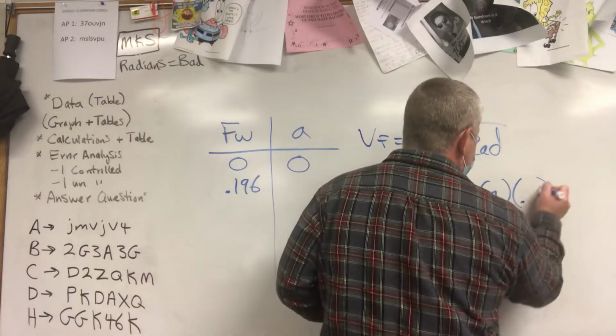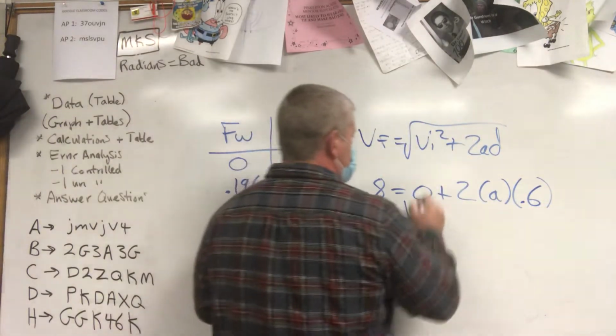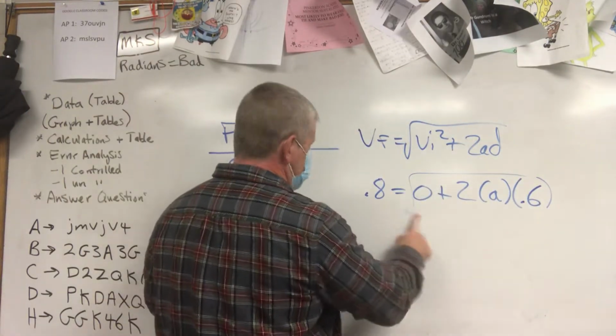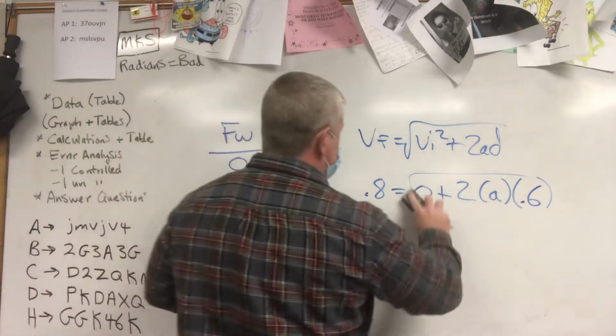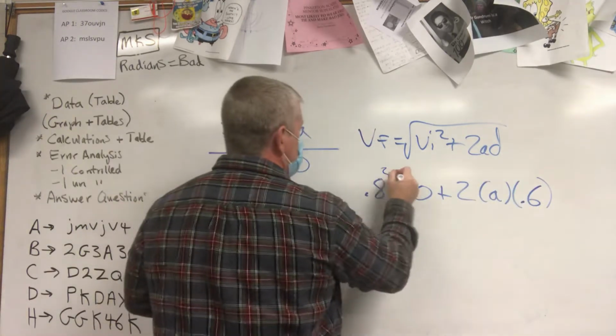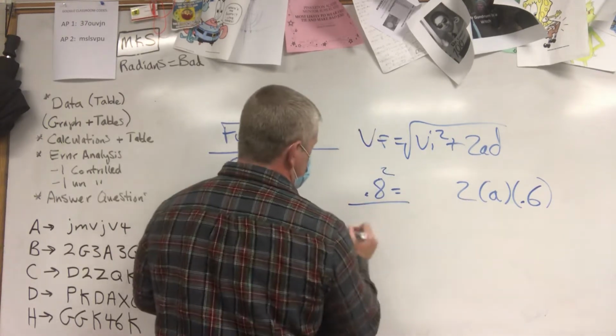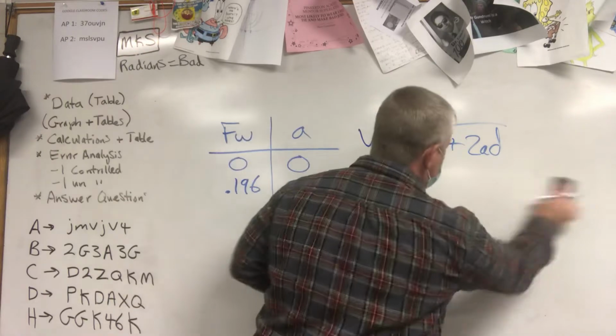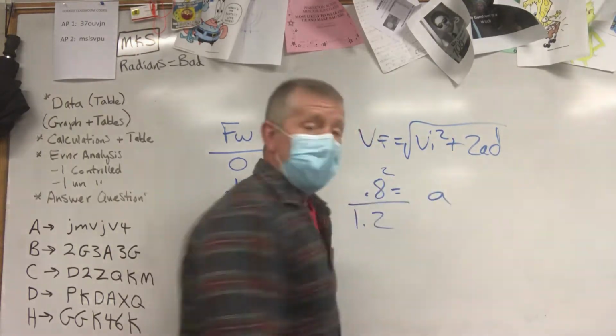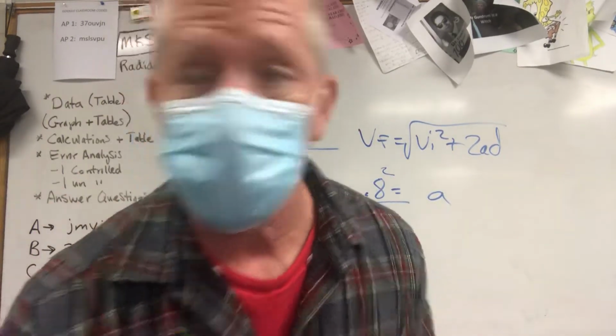So in my example, okay, square both sides, get rid of this, square that, this goes away, 2 times 0.6 is 1.2, divide that by 1.2. If I went too fast, rewrite and slow it down.